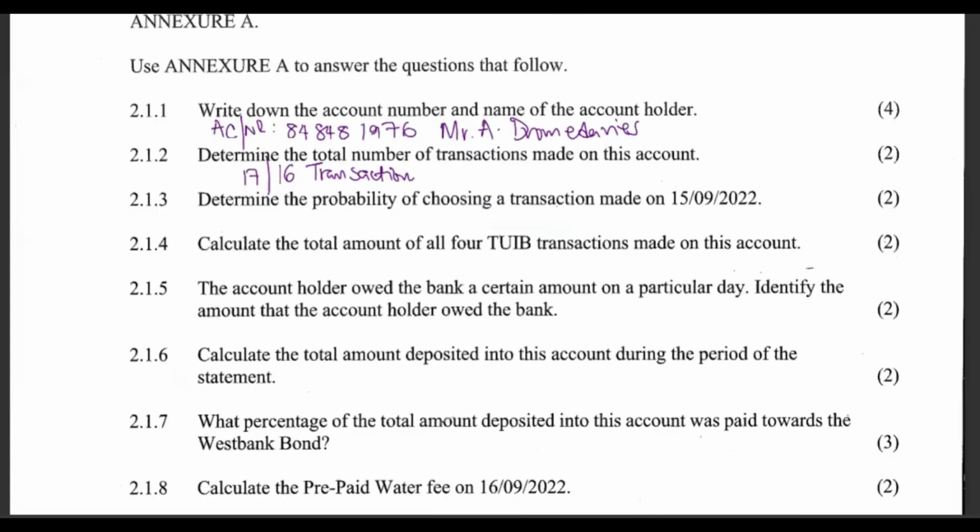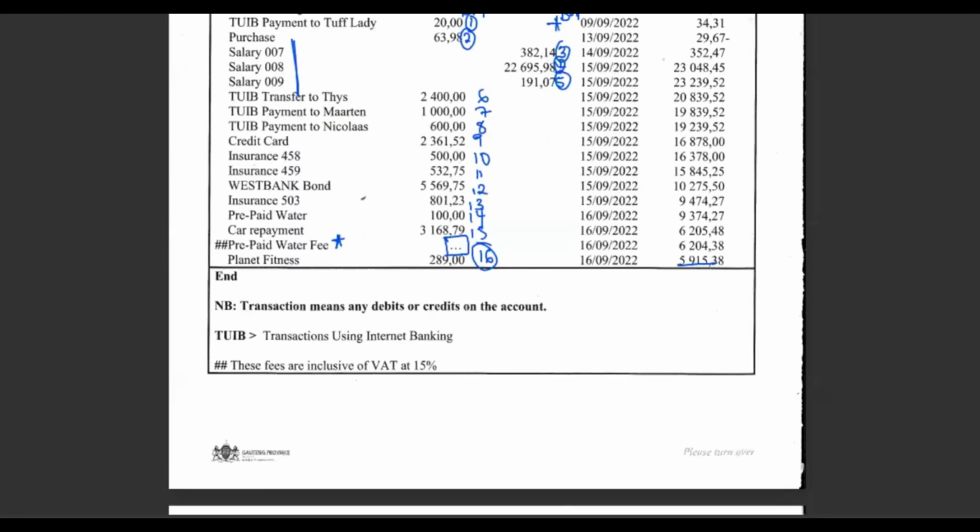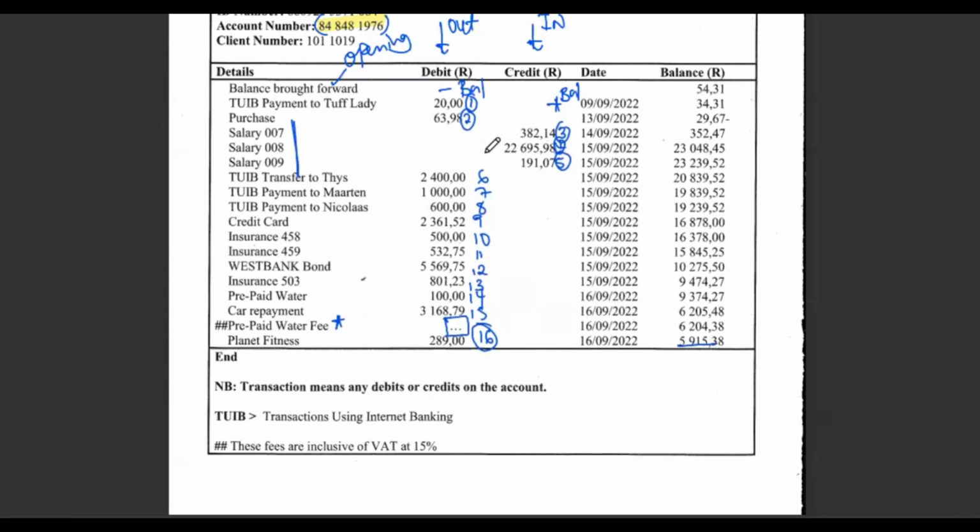All right, determine the probability of choosing a transaction made on the 15th of September 2022. We look at the date. What's the probability that you pick a transaction that was made on the 15th? We have 1, 2, 3, 4, 5, 6, 7, 8, 9, 10.